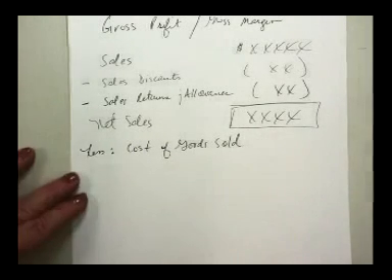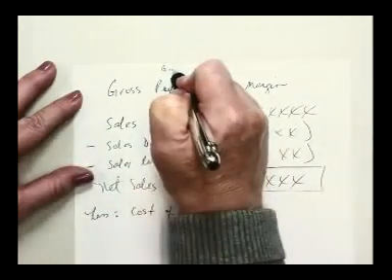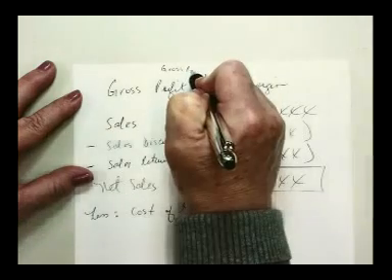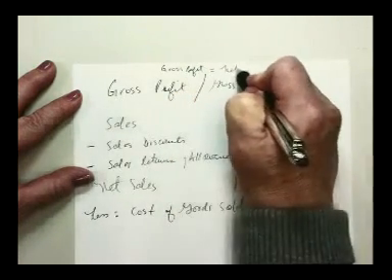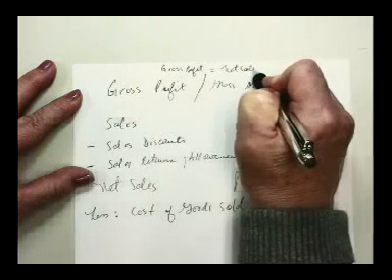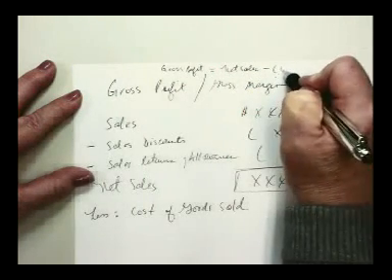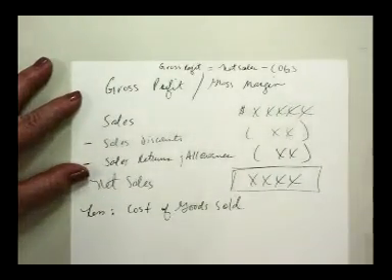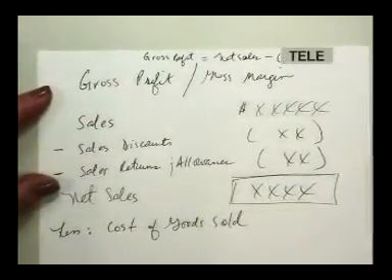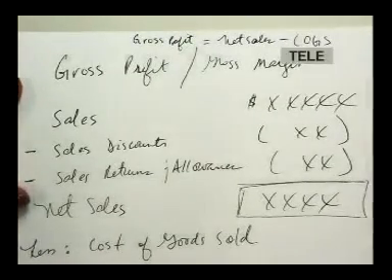Let me back up here just a second and give you this little formula. Gross profit equals net sales minus cost of goods sold, COGS. So our gross profit is a very simple calculation.